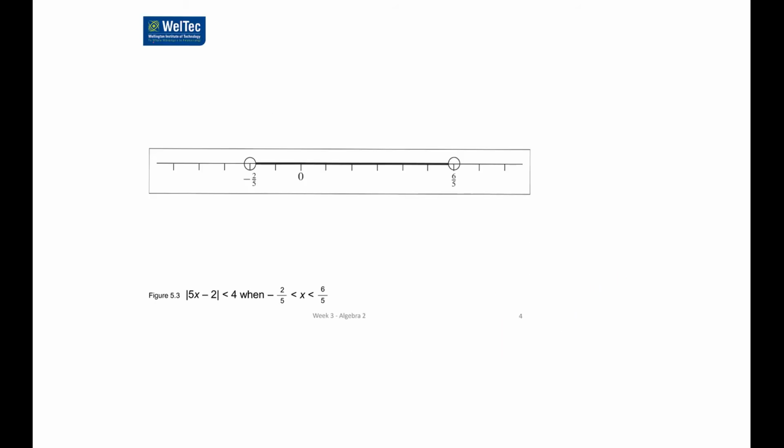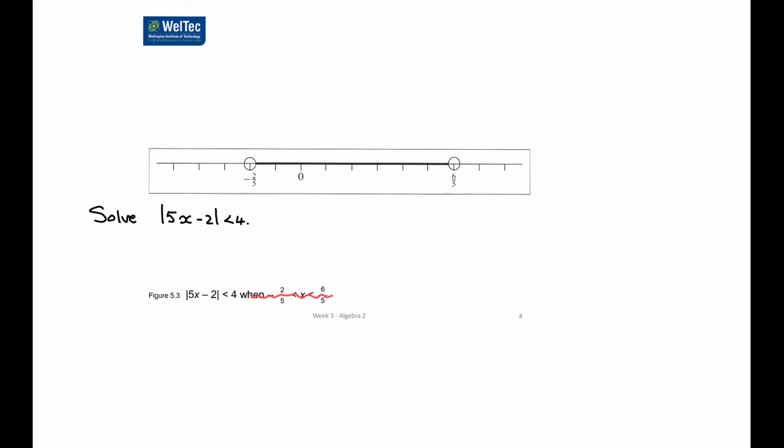Let's pretend we can't see the solution yet, and we're looking to solve the absolute value of 5x minus 2 is less than 4.